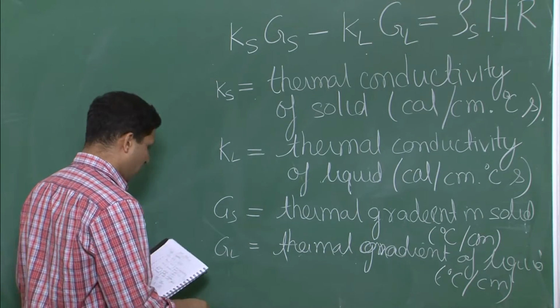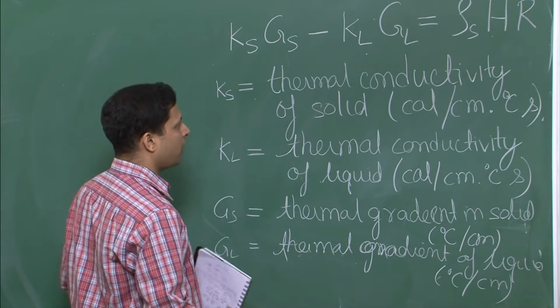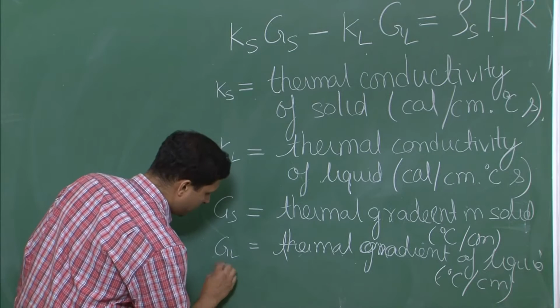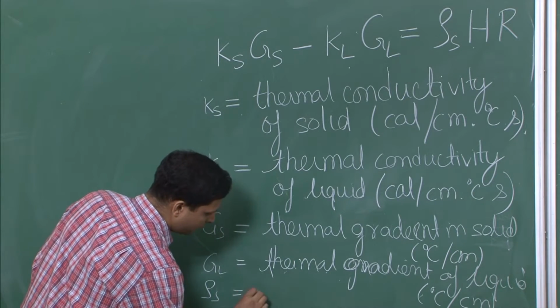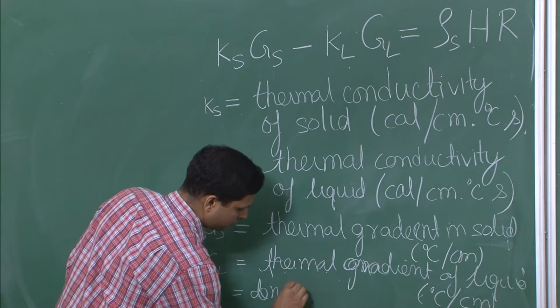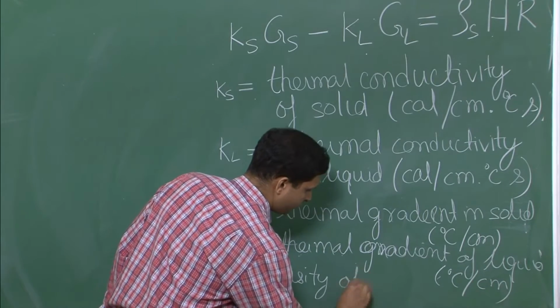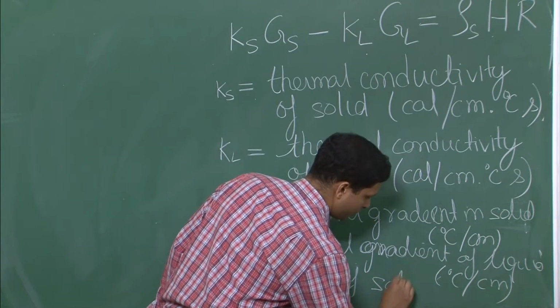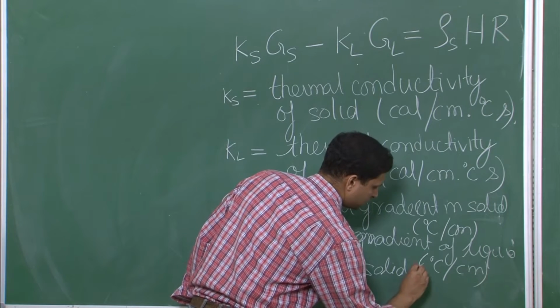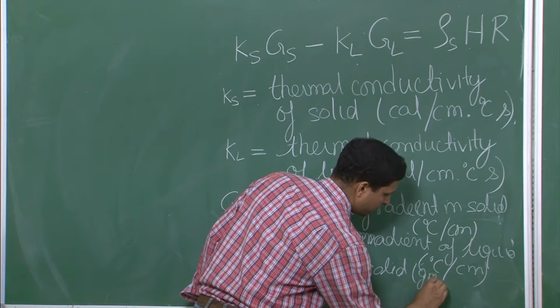And we have three other quantities, rho S, H, R. So, rho S is nothing but the density of the solid, so this unit will be gram per centimeter cube.